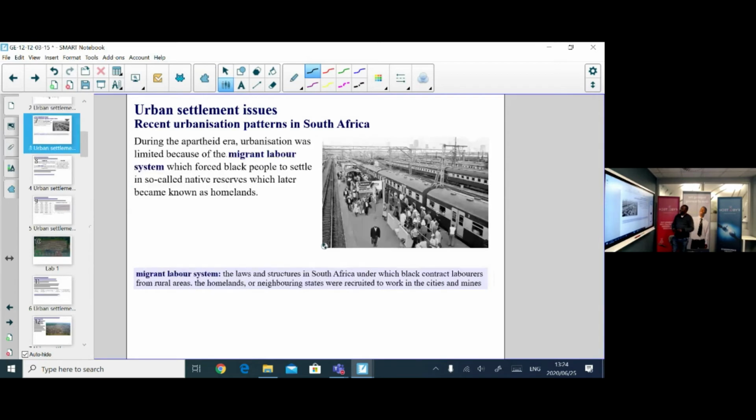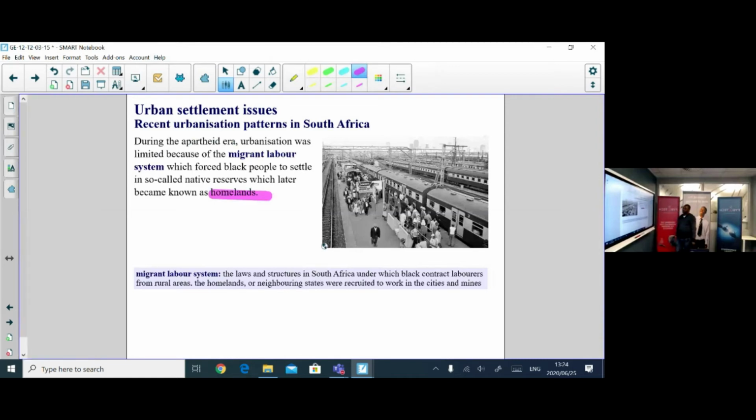Now, during the apartheid era, urbanization was limited because of the migrant labor system, which forced Black people to settle in so-called reserves, which later became known as homelands. These are the Bantustans that I was talking about.